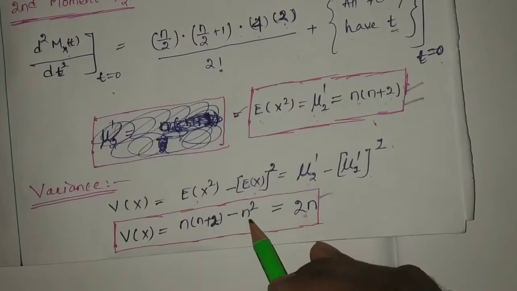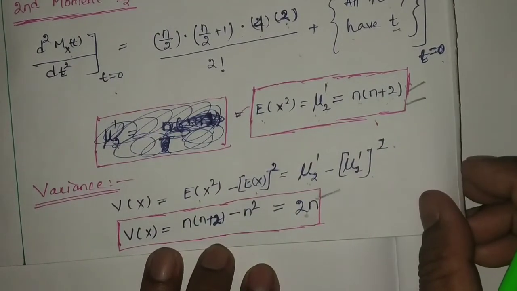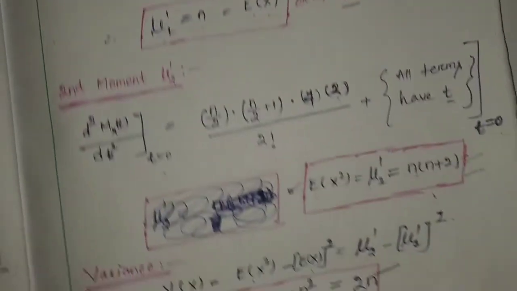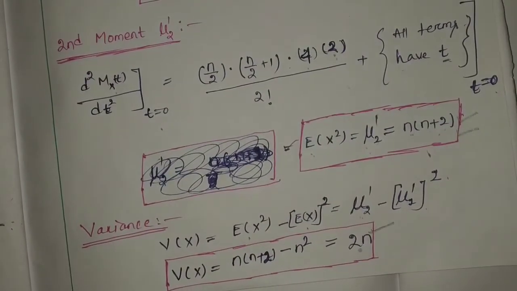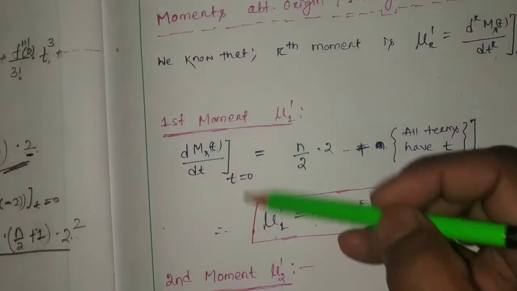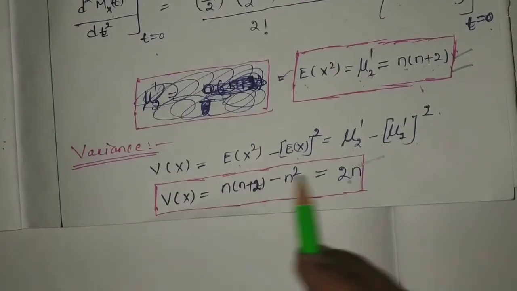Square means n square. So we found 2n. 2n is the variance in this case, for your chi-square distribution. About the origin, we found the first moment and second moment. With the help of the first and second moment, we found the variance is this one.